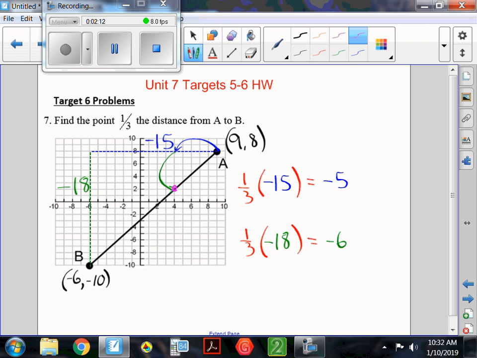And so my point that it looks like I want is the point 4, 2. That's going to be 5 units to the left and 6 units down from 9, 8.